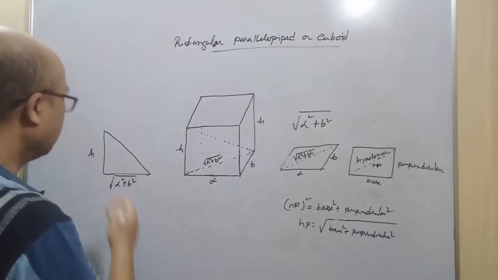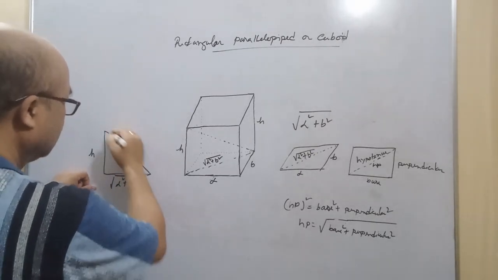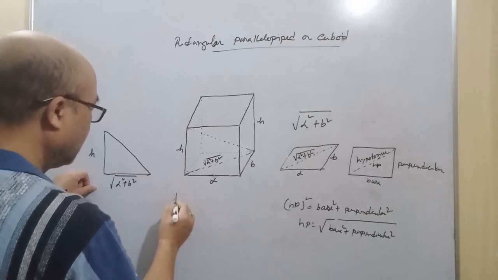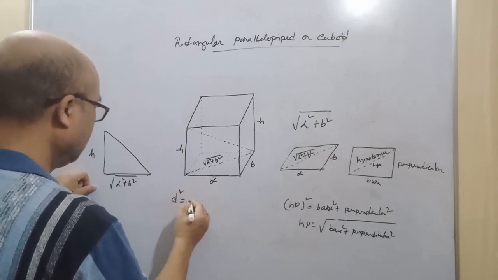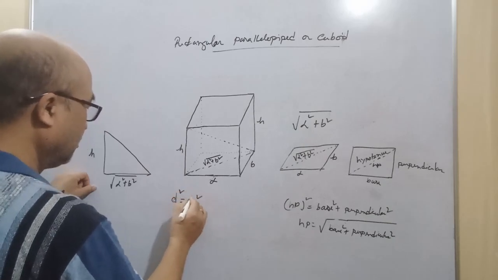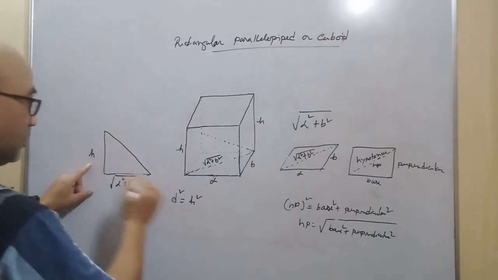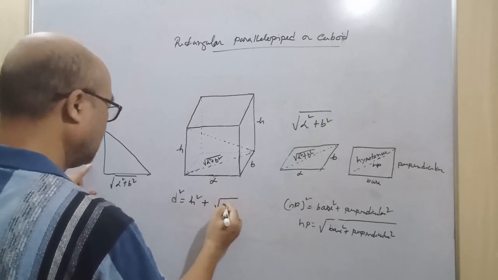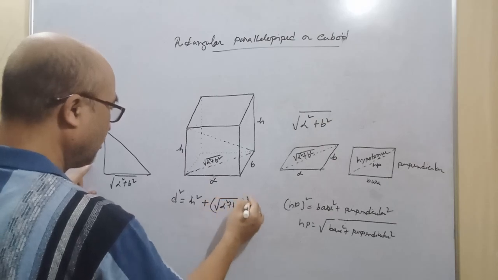So how can we apply Pythagoras theorem? We know that this line, this diagonal, suppose we represent it by D, diagonal. D square is equal to h square, which is the height, this line, plus L square plus B square, whole square.